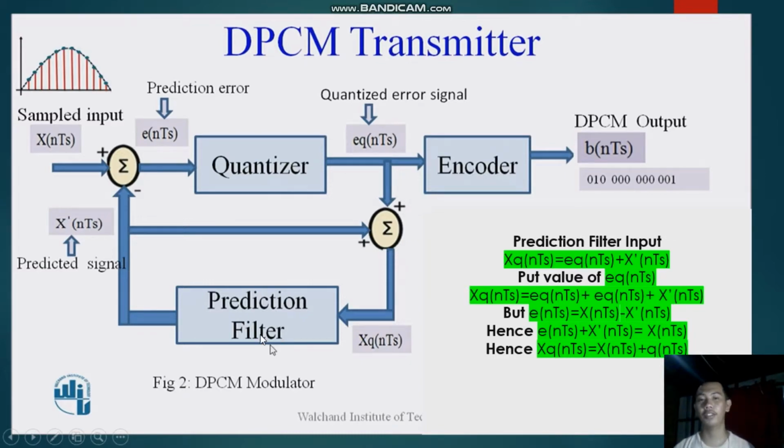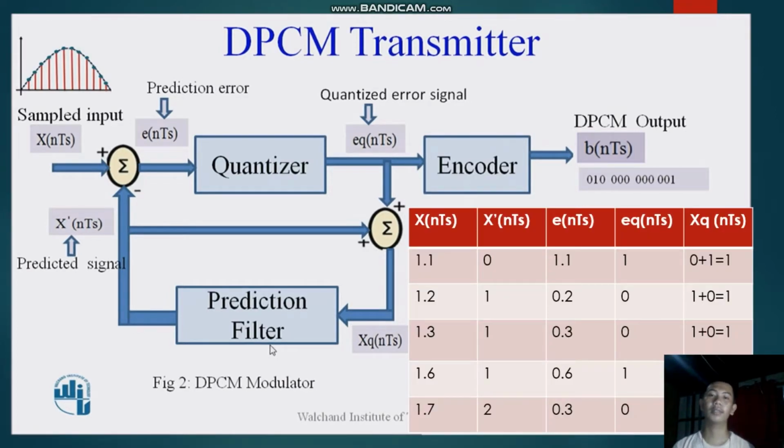So we have here some sample input, X sub nTs, prediction error, e sub nTs, quantized error signal, eq sub nTs, predicted signal, x hat sub nTs, and xq sub nTs. So we have here some formulas, which will be used on the next slide.